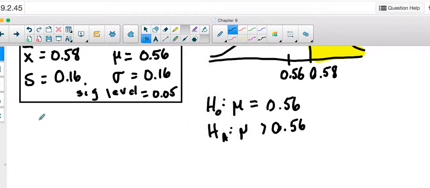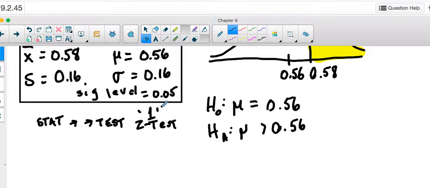You're going to go to Stat, arrow over to Test, and choose 1, the z-test, which is the number 1 choice there. Then you're going to go down in your calculator and put in the information just the way we have it listed here.